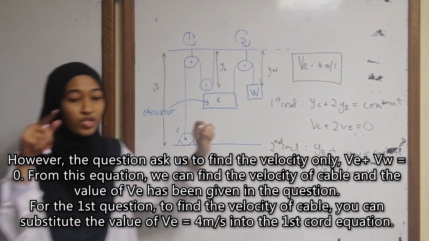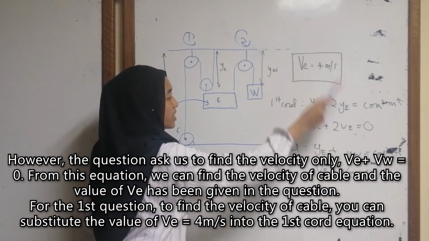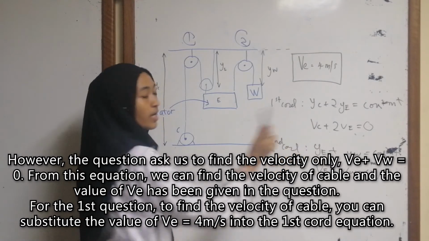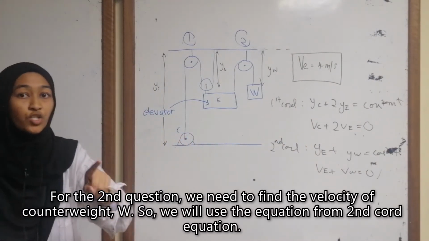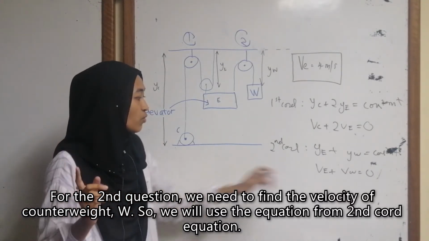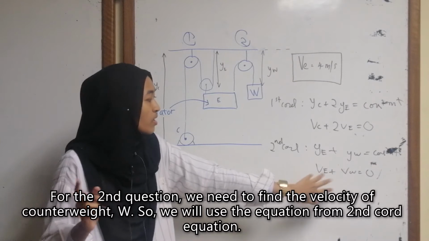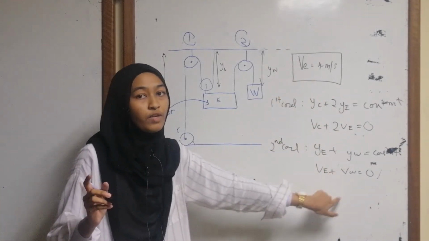So for the first question, to find the velocity of the cable, you just put in the 4 meters per second here, then solve and find the velocity. For the second question, we need to find the velocity of the counterweight. So we will use this equation. You just have to put in the VE and then solve for VW.